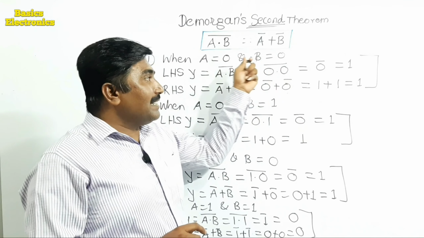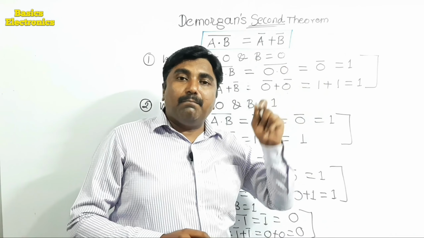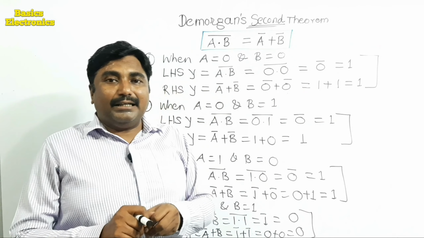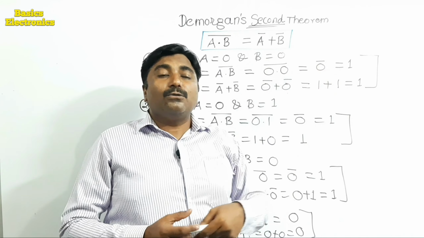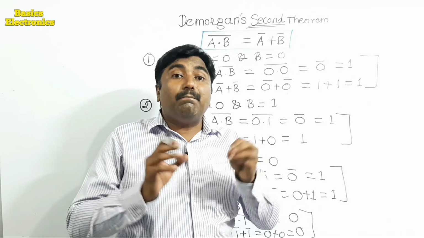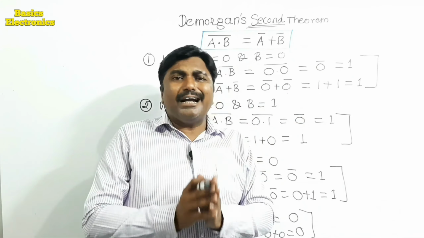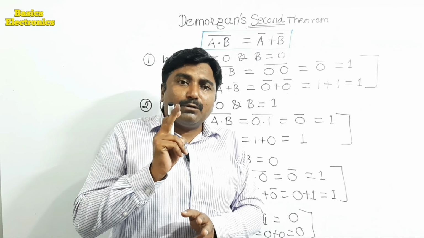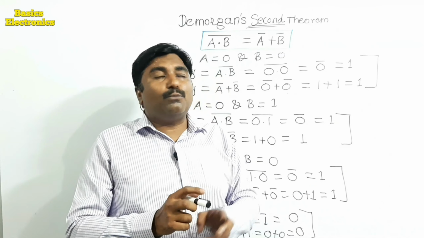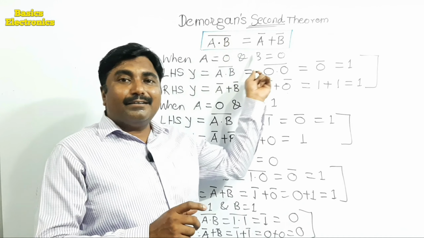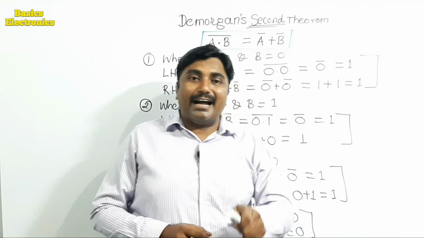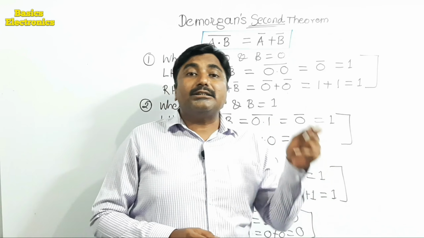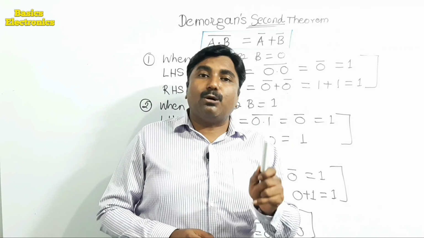When you have to draw the logical diagram for this equation, or when we require the bubbled OR gate, instead of that bubbled OR gate you can give the same output by using the NAND gate. Okay, so it reduces the hardware. That's why De Morgan's theorems are important for us.